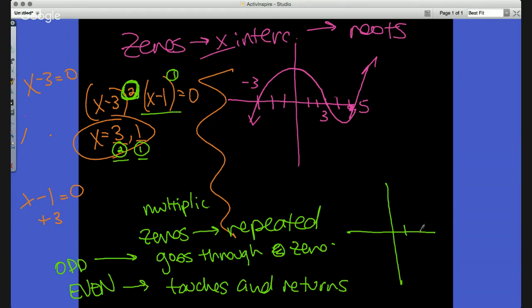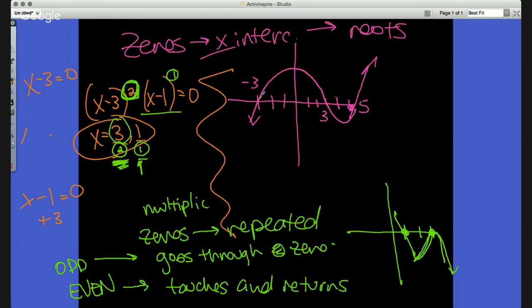At 1 and at 3, we have two zeros. At 1, since it has an odd multiplicity, the graph is going to go through that zero. However, at 3, since the multiplicity is even, it is going to touch and return. It's not going to go through.